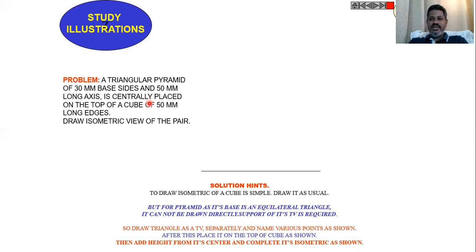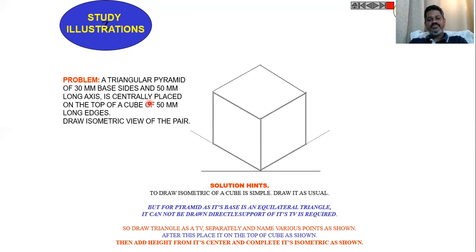Now, similarly to the previous case, construct a cube in isometric view like this, of side 50 mm. Then, after constructing the cube, locate the center point on the top of the cube. Before that, it is a triangular pyramid of side 30 mm, so draw the triangle of side 30 mm.